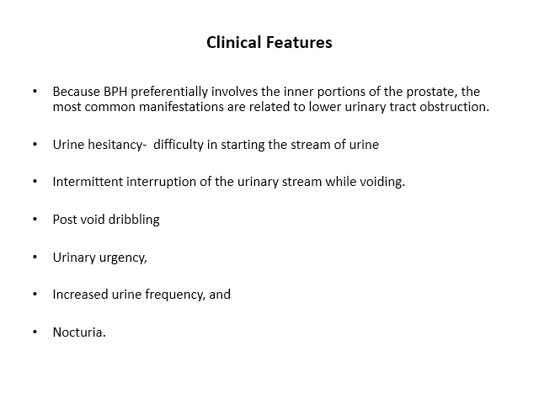There will be urine hesitancy, that is difficulty in starting the stream of urine, intermittent interruption of the urinary stream while voiding, post-void dribbling, urinary urgency, increased urine frequency, and also nocturia. These are the very common features which patients will present with in a case of BPH.